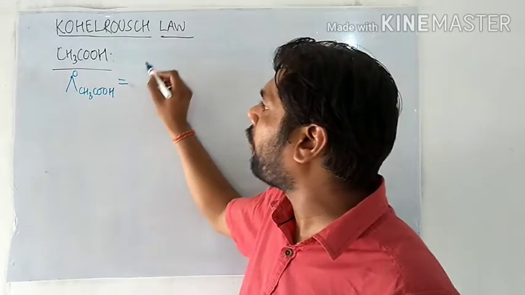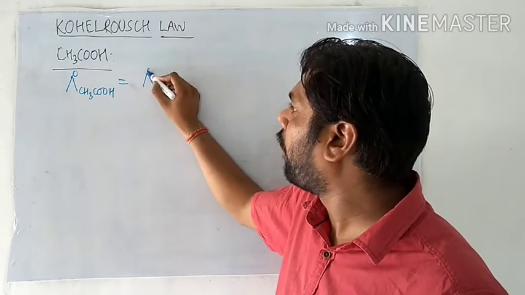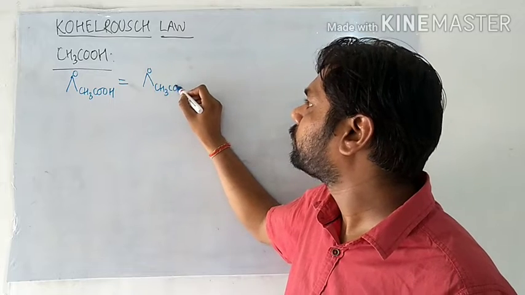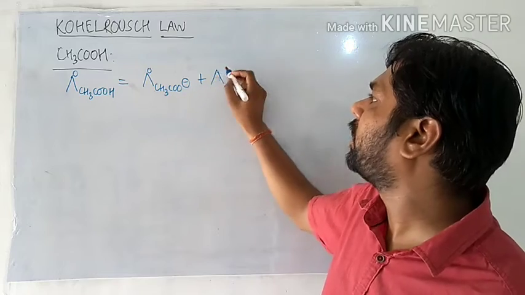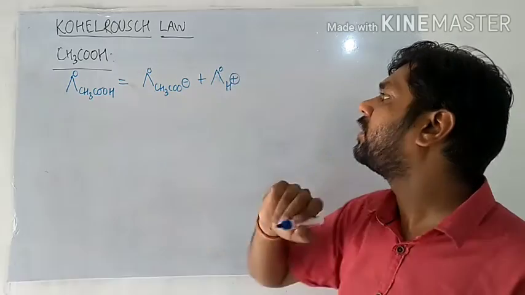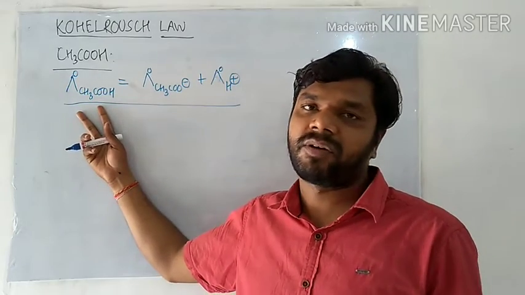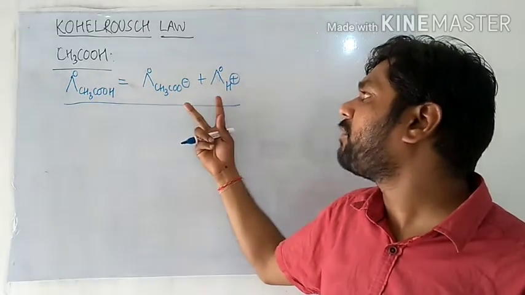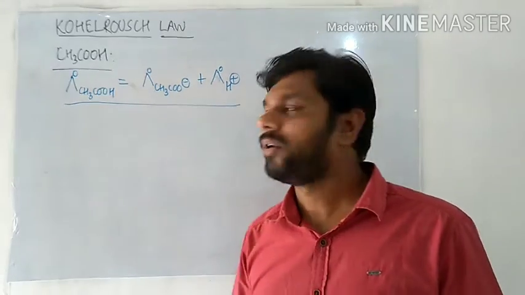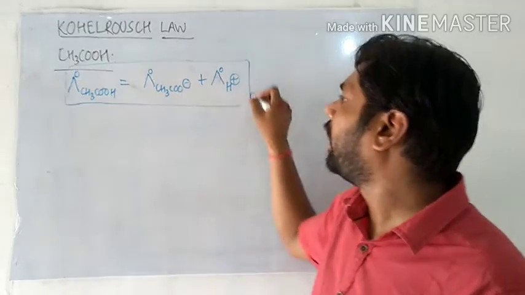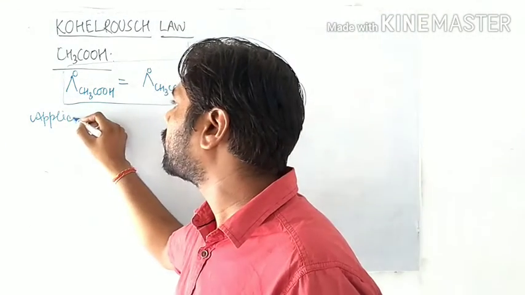This will be the sum of the individual molar conductance of the acetate ion plus the molar conductance of the hydrogen ion. So this is Kohlrausch law, that the molar conductance of the solution of an electrolyte at infinite dilution is the sum of the individual molar conductances of the ions present in the solution. That's Kohlrausch law. And now we will see some of the applications of Kohlrausch law.